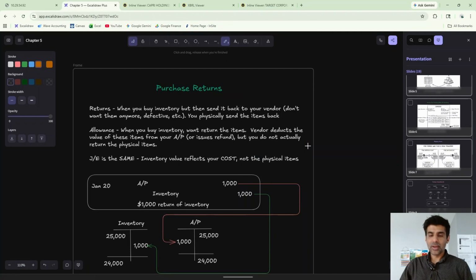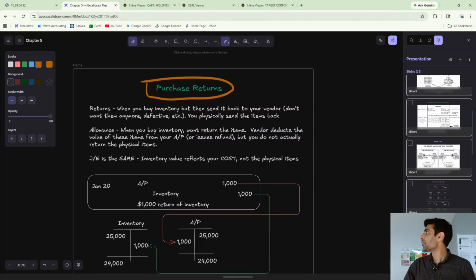Okay, the other part of this is returns. Oftentimes you will return inventory, maybe they sent you the wrong items or they're defective, or there are instances where your business needs to return inventory. It's pretty straightforward. You're just going to reverse the entry that you did to buy the inventory by the return amount.